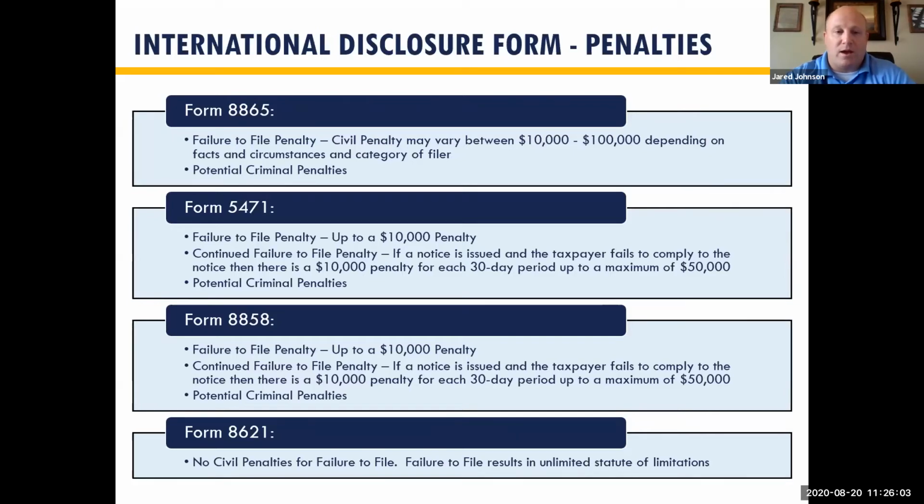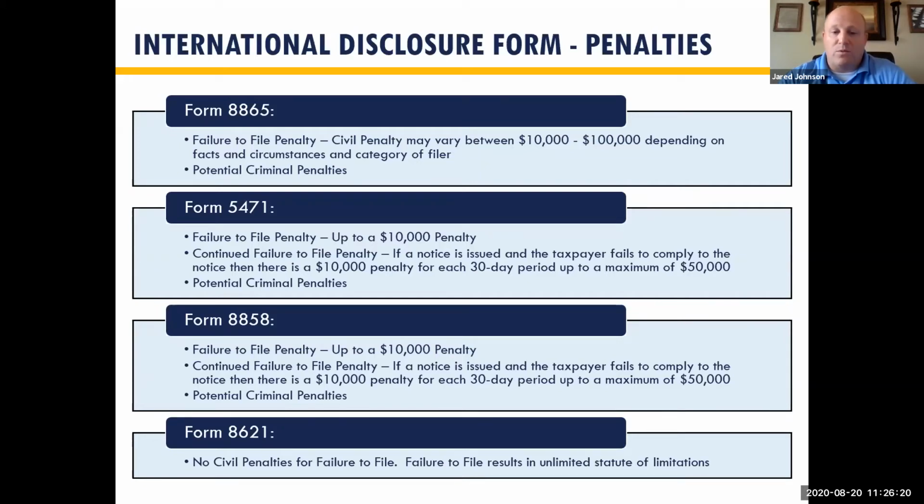The one thing on this slide that I want to point out that is a little bit different than all the others is the last one, which is the 8621. There actually is no civil penalty for the failure to file this form. This is the PFIC form.